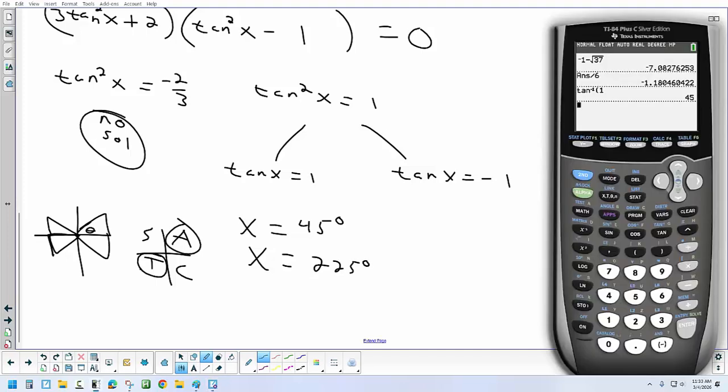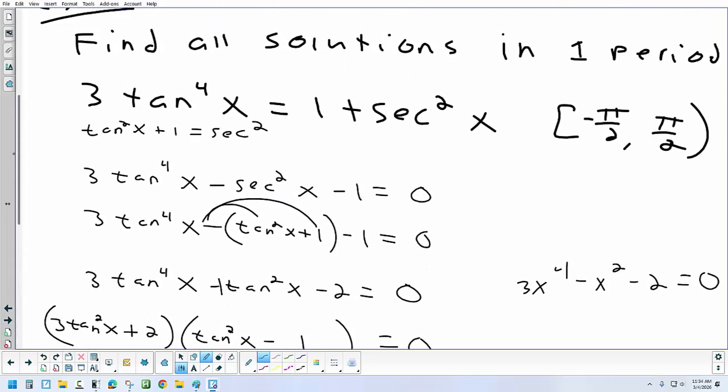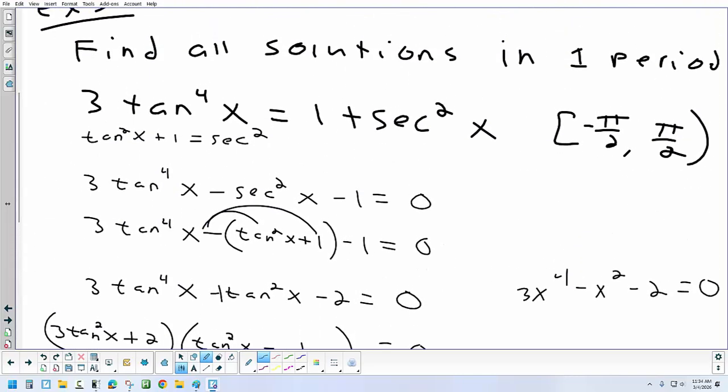Now, when you do inverse tangent of negative 1, you get negative 45, but the reference angle is still 45. This is negative 45 right here. We want to write the answer positive, right? Well, actually, let's see what they want. Oh, no, we don't. They want us to write the answer between negative 90 and 90. So we are going to use negative 45.